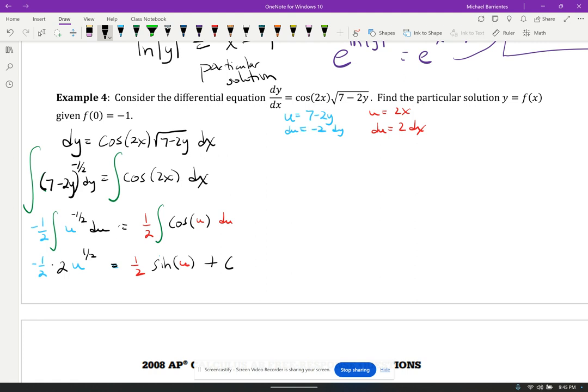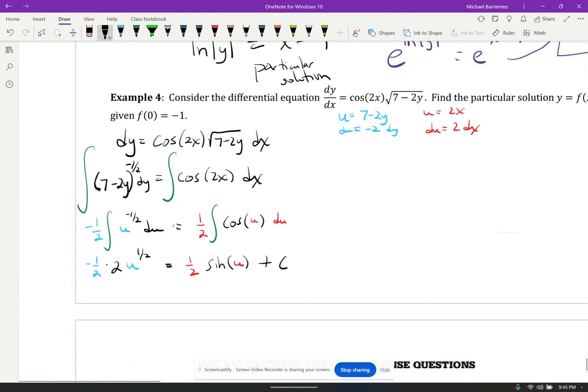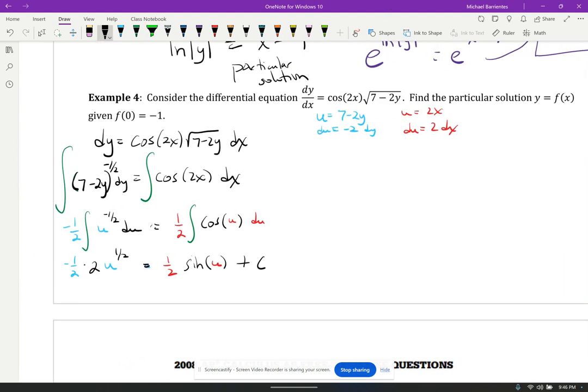Awesome. So I have my general solution. However, notice I'm in terms of u. We started in terms of x's and y's. So I have to convert this back into what I started. So these twos are going to reduce, and I'm left with negative because these two go away. U to the 1/2 is really the square root of u in blue.